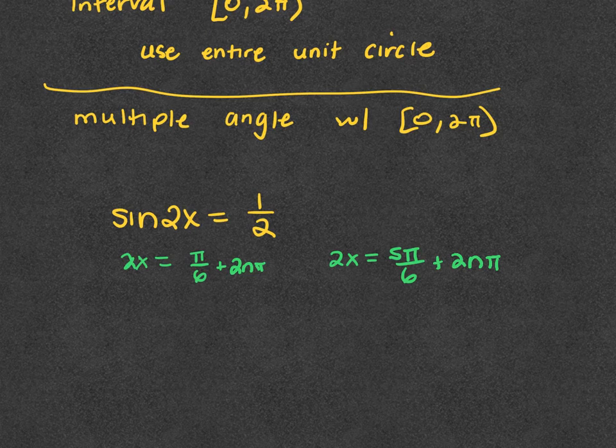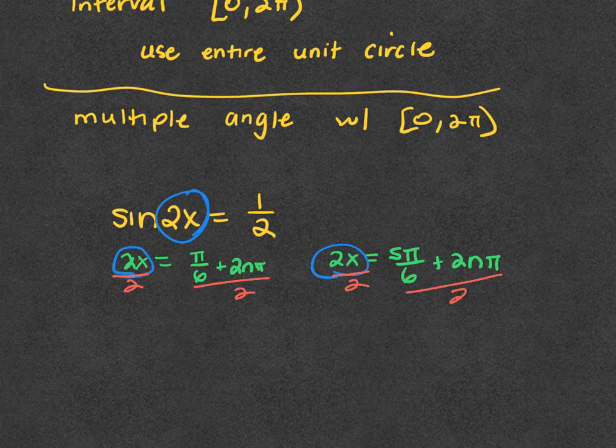But this multiple angle means something's attached to the x. So I have to go through the next step, which would be to divide everything by 2. And I get x equals pi over 12, plus n pi, and then 5 pi over 12 plus n pi.